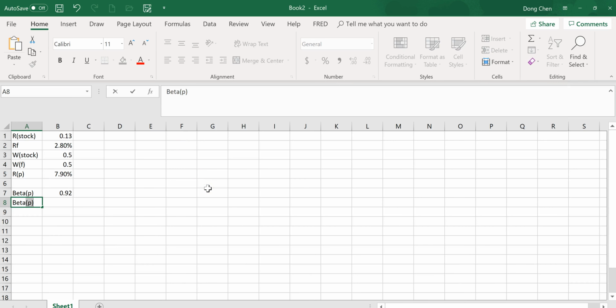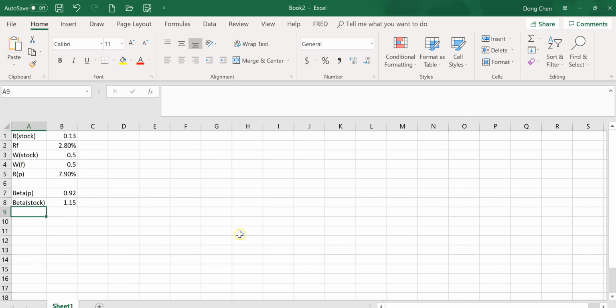And the beta of the risk-free asset is simply 0.